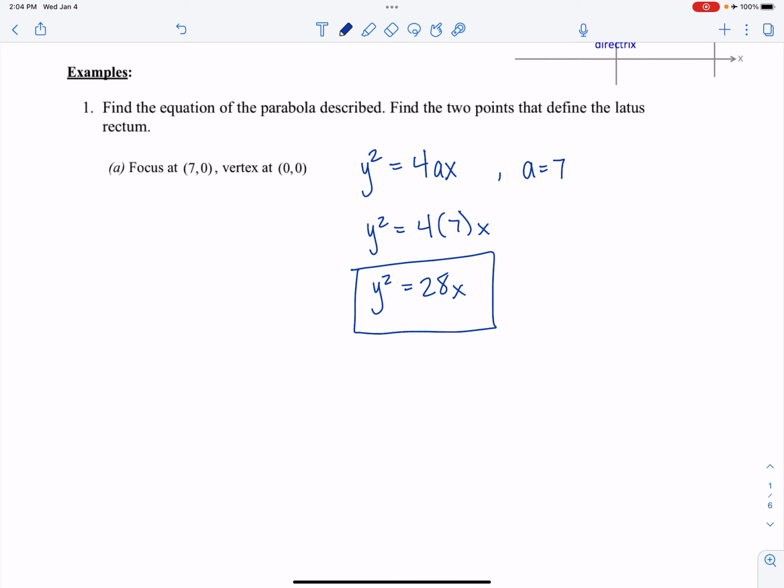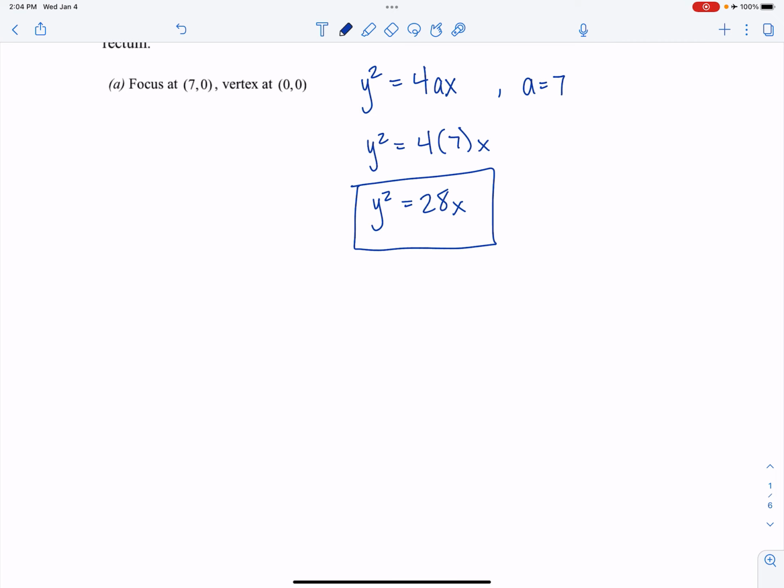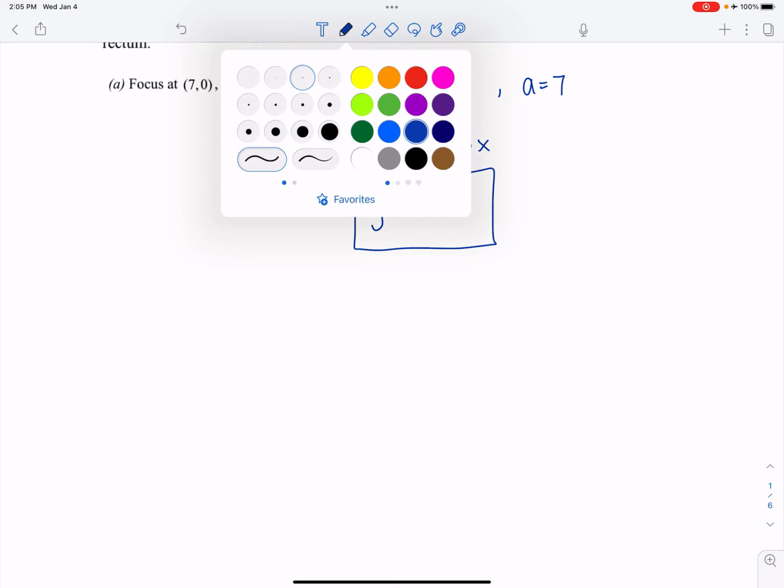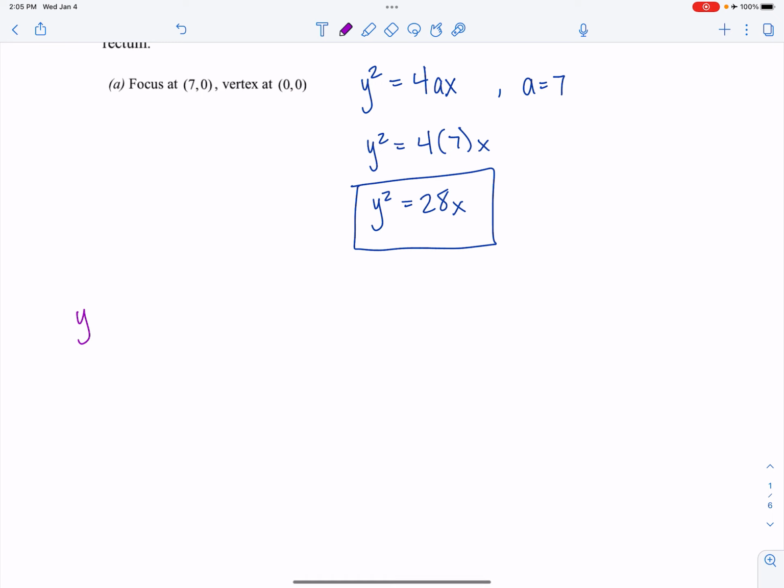Now our second part, they want 2 answers. So our first one was find the equation. The next one is find the 2 points for the latus rectum. So now we're going to work on that second piece. We have our equation, y squared equals 28x. Let's substitute in x equals 7.